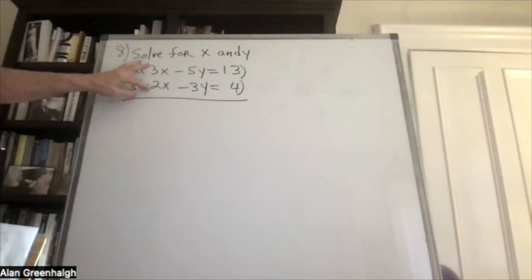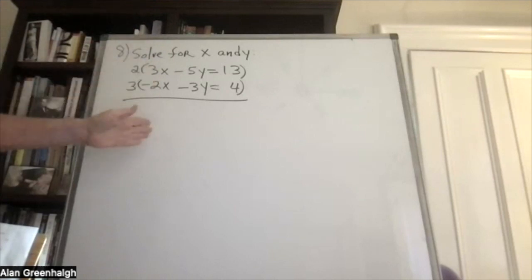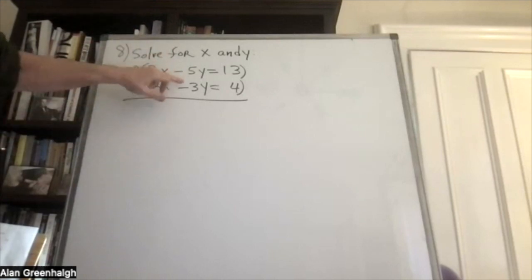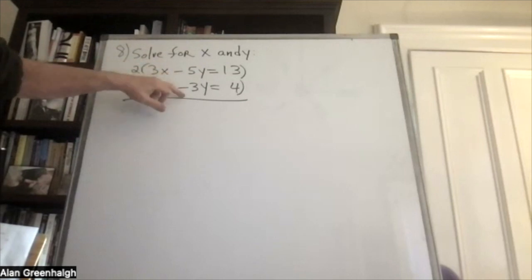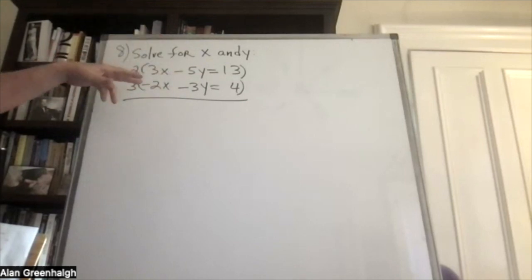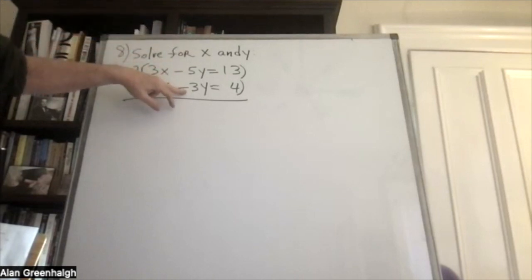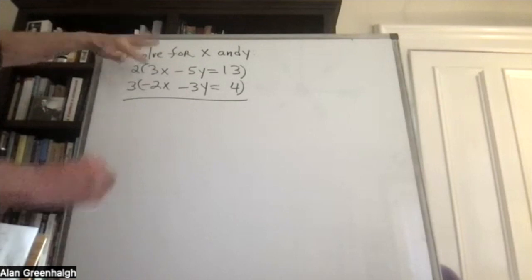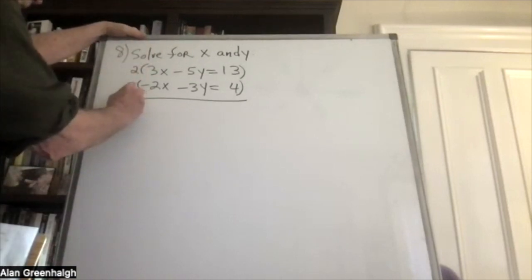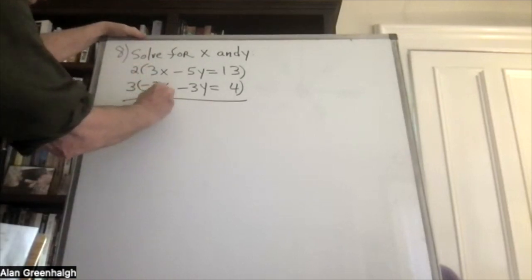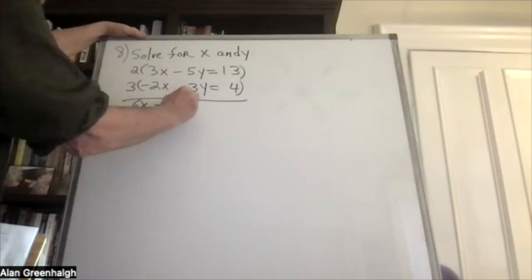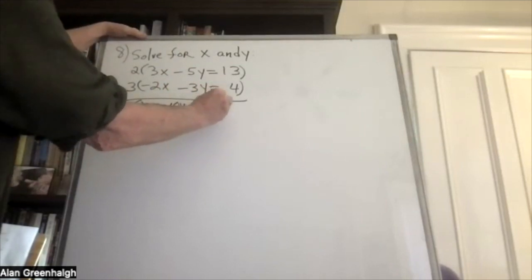This will give us -6x, and they'll cancel out. Here, since they have the same sign, you'd also have to multiply by a negative. You'd have to do 3 up here and then -5 down here. So this is the way I've chosen. And you get 6x minus 10y equals 26.